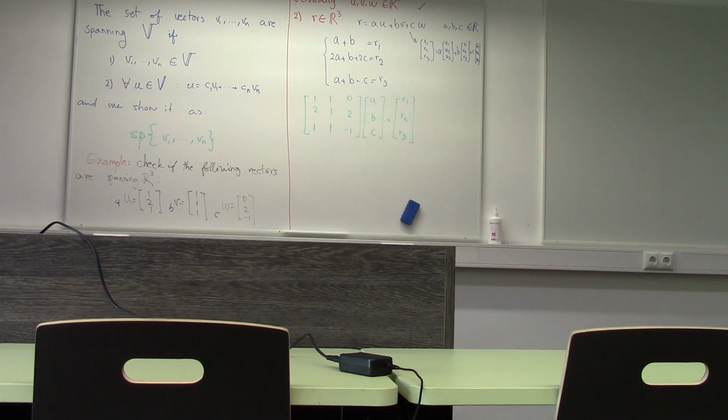If U, V, and W are spanning R3, what should be the condition?